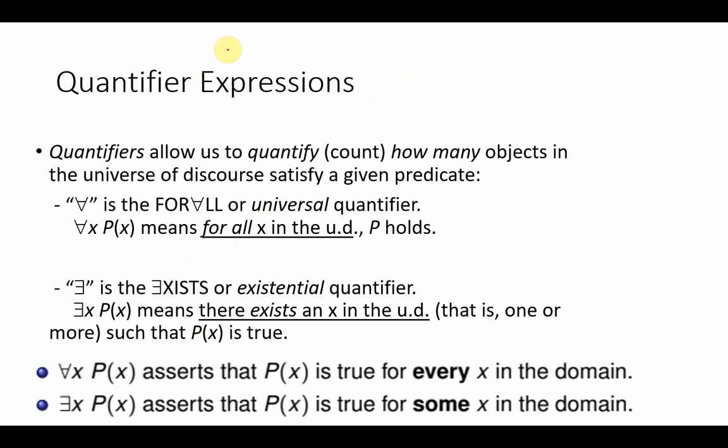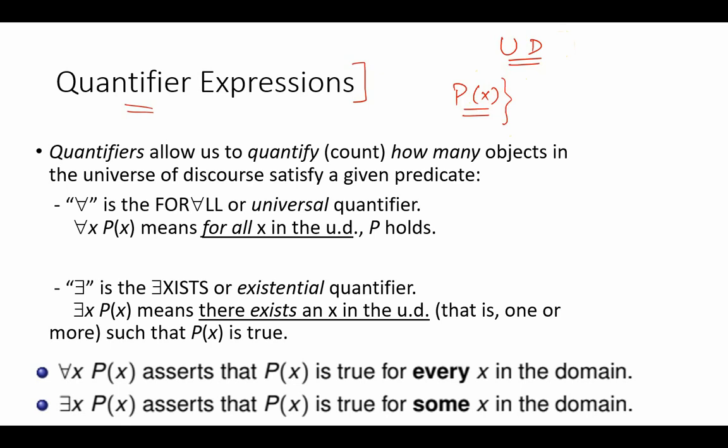Now, another important thing that we talk about in predicate logic is the quantifier. When we talk about a universe of discourse, there can be a number of elements in it. The predicate might be true for some specific elements of the universe of discourse, or for all the elements, or it might not be true for all the elements.